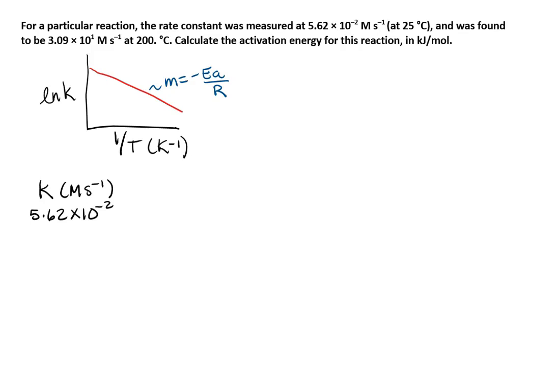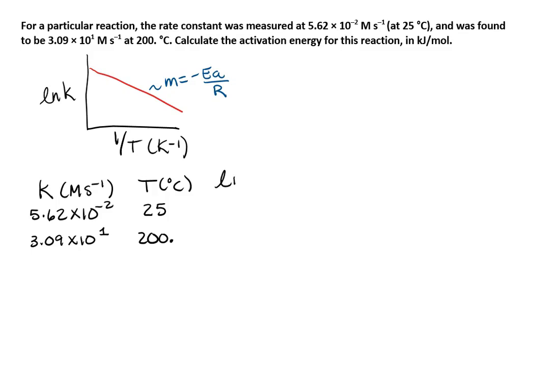And the second rate constant, 3.09 times 10 to the 1. We're given a temperature in Celsius for the first data point of 25, and then the second data point of 200. That's the original data. That's what we're provided in the problem.